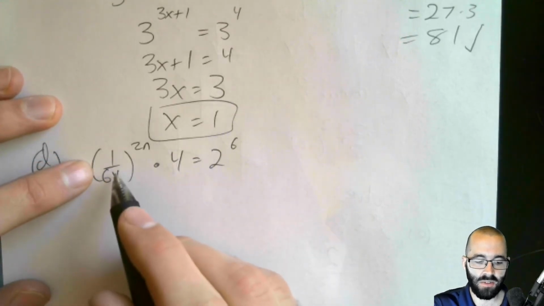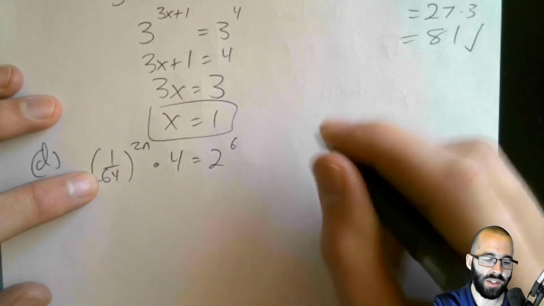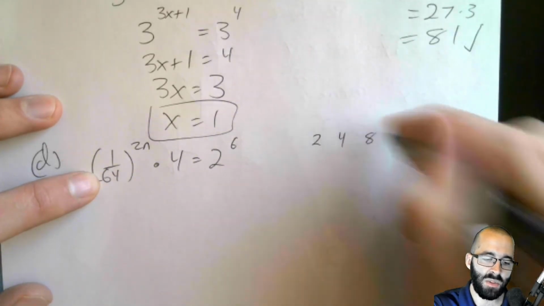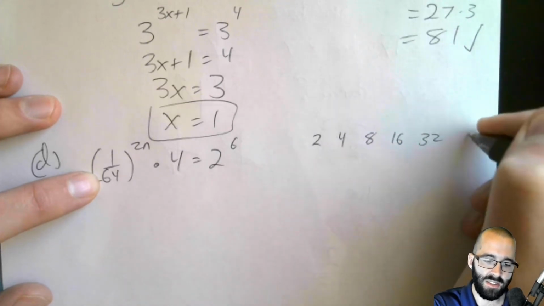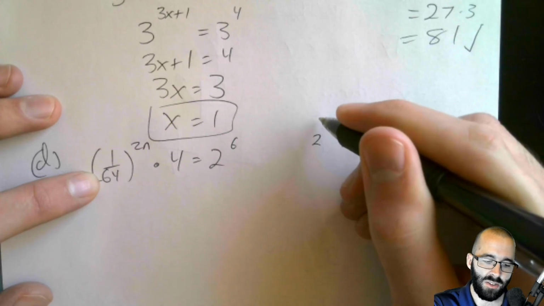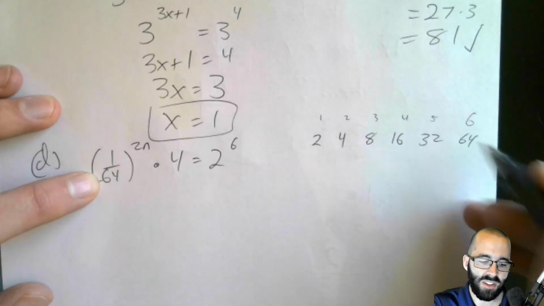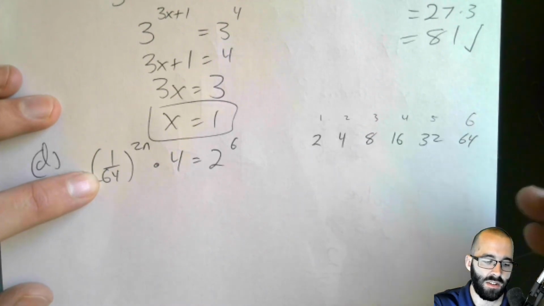This is not a 2. 64, though, that's 2 to the, 2 to the first power is 2, 2 squared is 4, 2 cubed is 8, times another 2 is 16, times another 2 is 32, all right, 64. So that's 2 to the first power, second power, third power, fourth power, fifth power, sixth power. 2 to the 6th power is 64.